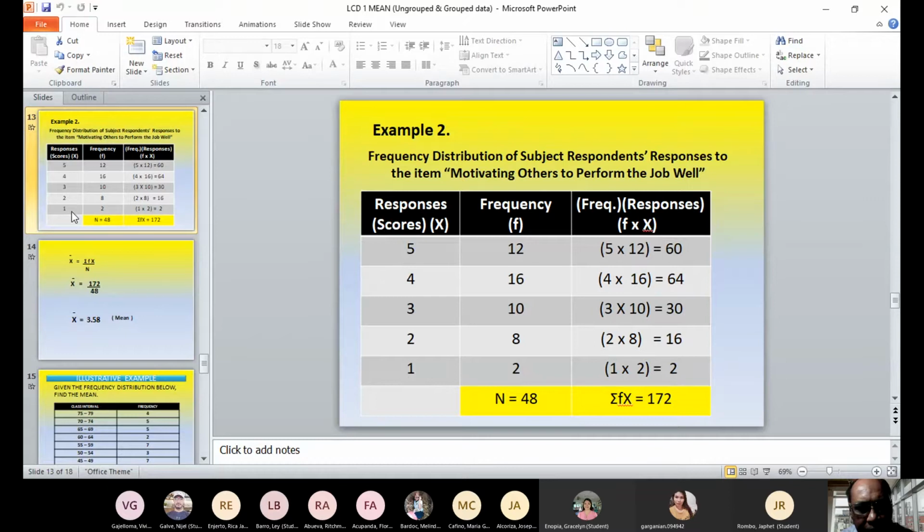That is your range. Divide by 5, meaning 5 is the desired number of classes. Since there are 5, divide by 5. Then formulate your frequency distribution table.